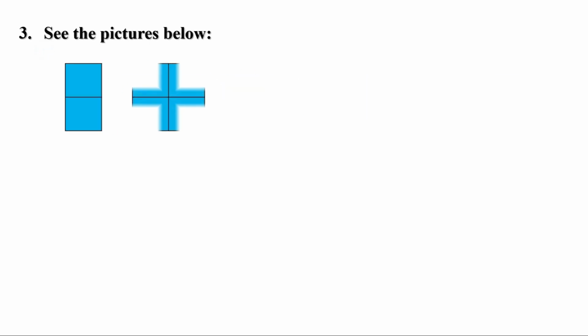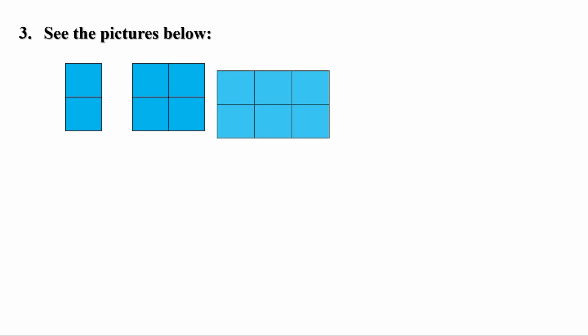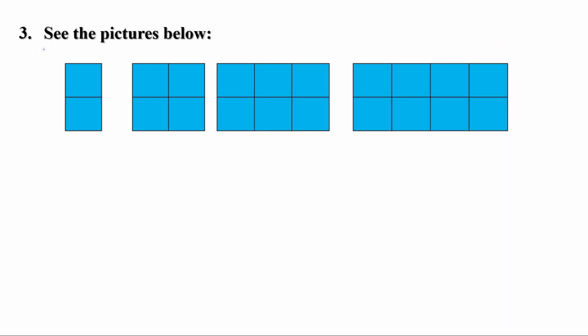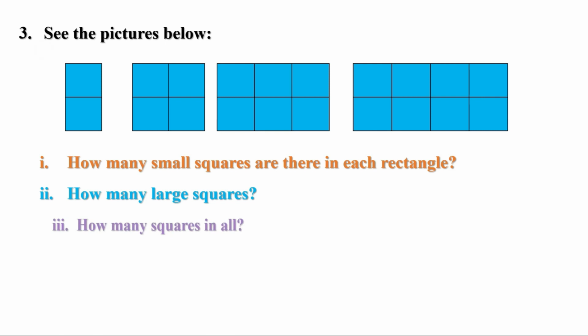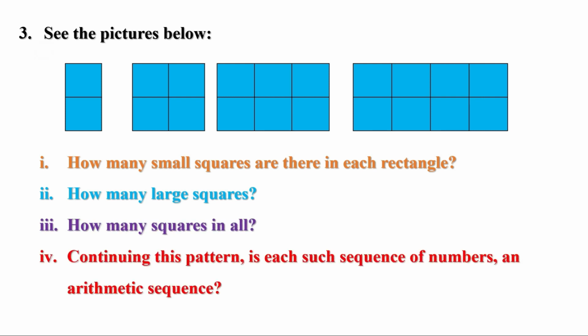Now the third problem. See the picture below. How many small squares are there in each rectangle? How many large squares? How many squares in all? Continuing this pattern, is each such sequence of numbers an arithmetic sequence?